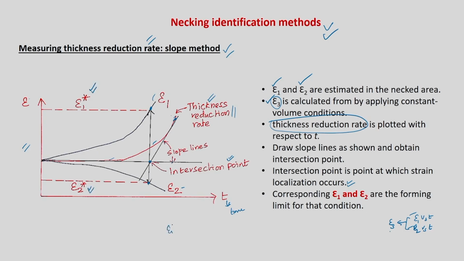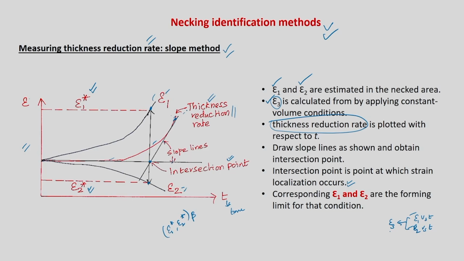This epsilon 1 star and epsilon 2 star is nothing but your forming limit strain at that particular beta value, strain path or strain ratio. So you have to repeat it for various beta values and monitor the same thickness reduction rate. The corresponding epsilon 1 and 2 where this intersection point happens would be your epsilon 1 star and 2 star, and you can get the forming limit curve for the entire material. Basically, you take a sheet, one particular strain path, and monitor epsilon 1, 2 and 3.